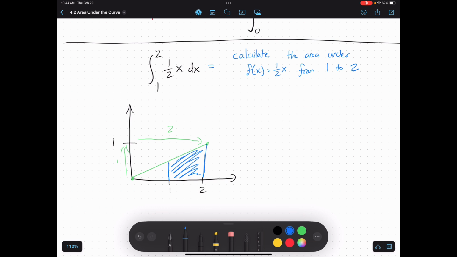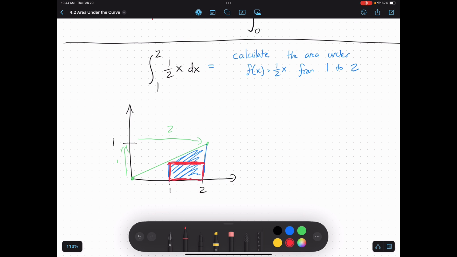Well, I can actually think of it two different ways. I can think of it as a trapezoid, or I can think of this as just a rectangle and a triangle put together. Regardless, this shape is geometric. It's a nice, simple geometric shape that I have area formulas for. So let's break this up into a rectangle and a triangle. So let's first look at this rectangle. So I've got this bottom rectangle.